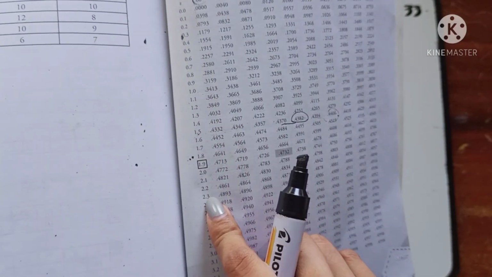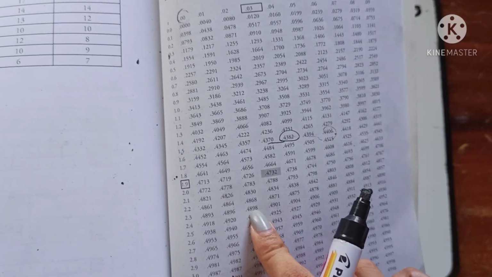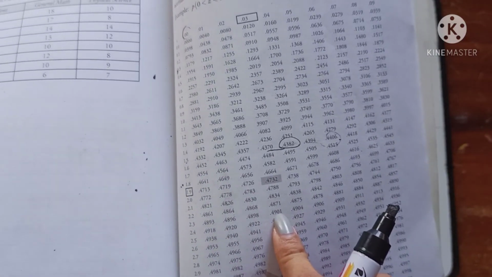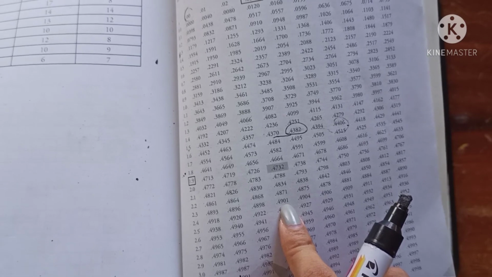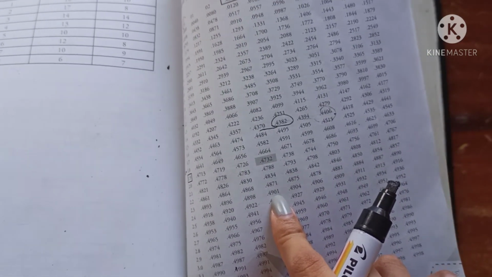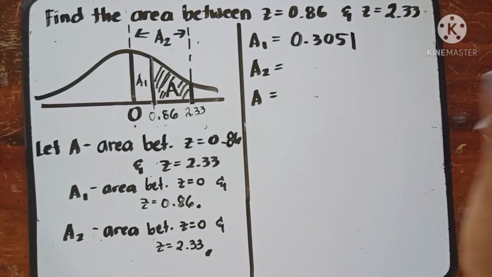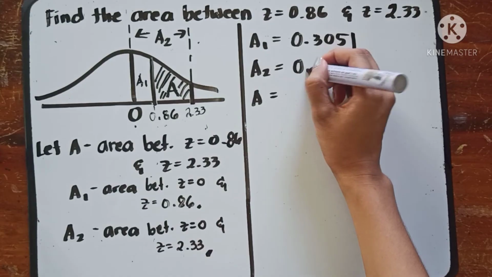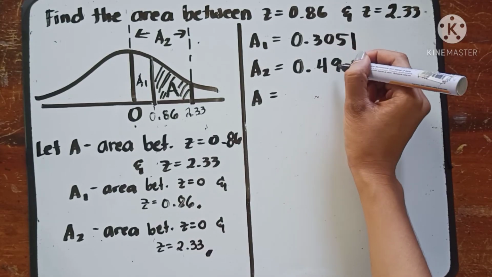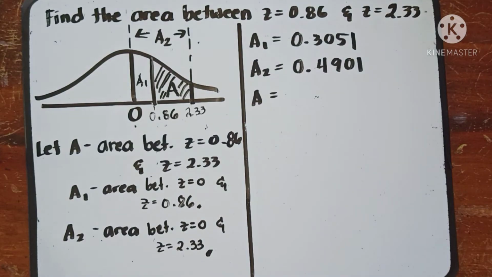Ayan, so 2.3, 2.30, 31, 32, 33. Okay, so the value of our 2.33 is 0.4901.